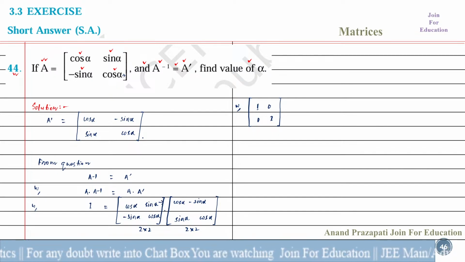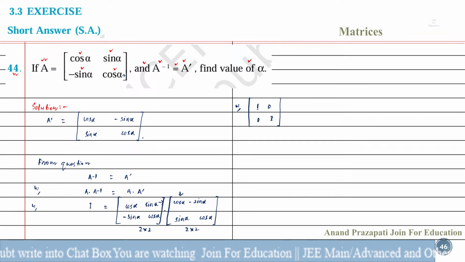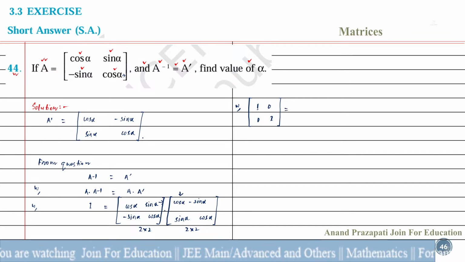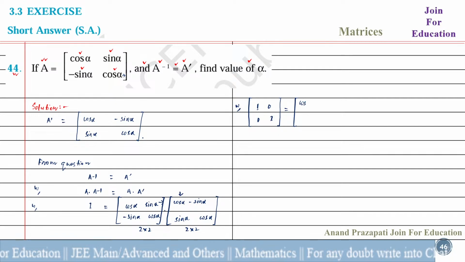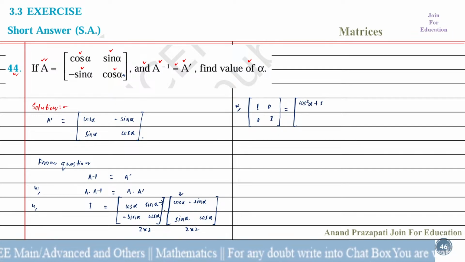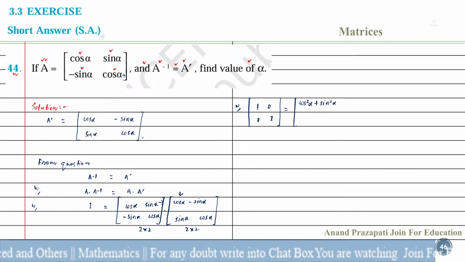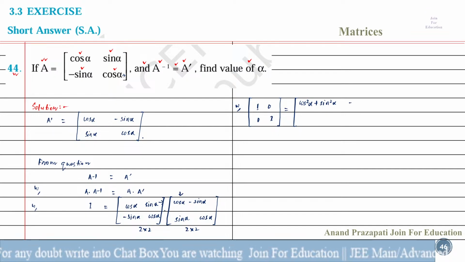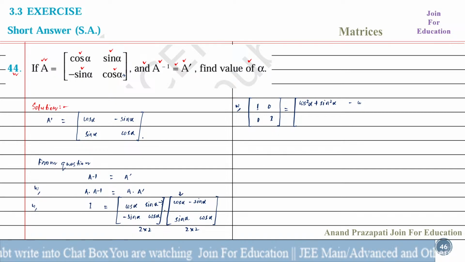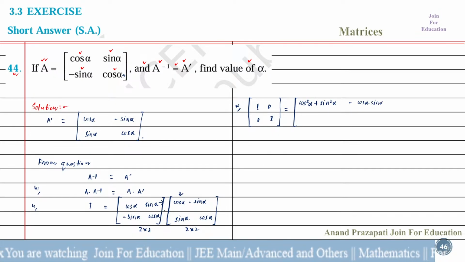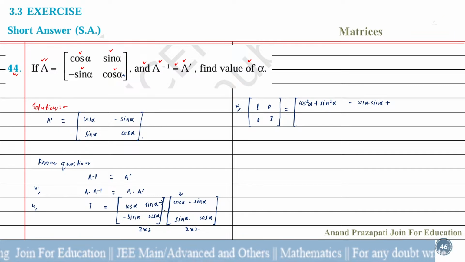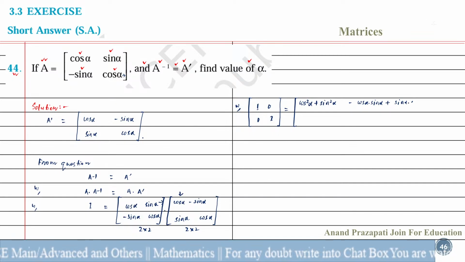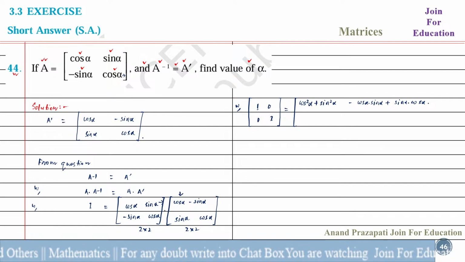First row by first column, then we get here cos square alpha plus sin square alpha. First row by second column, then we get here minus cos alpha sin alpha plus sin alpha into cos alpha. Hope there is no problem to understand up to this step.